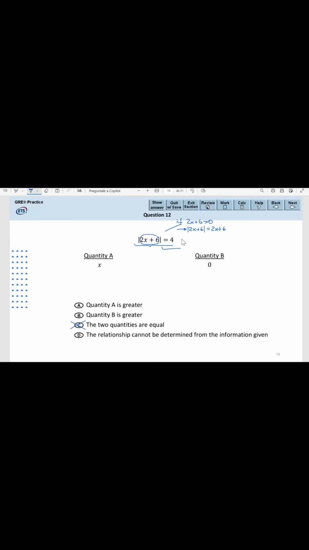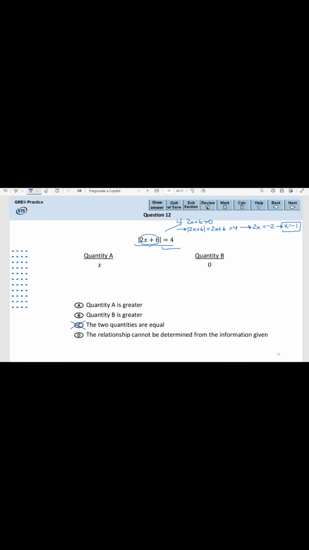So the absolute value of 2x plus 6, assuming 2x plus 6 is positive, must be the same, 2x plus 6.